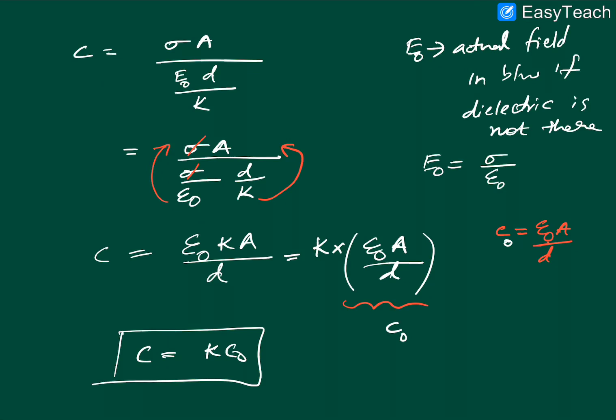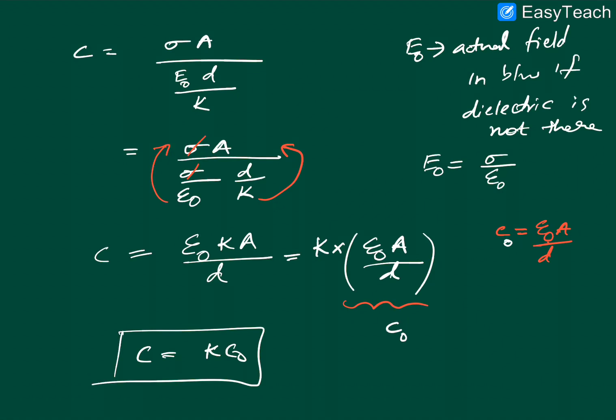So you are multiplying your C0 with K, means this C will be more than C0. That means capacitance increases when you place a dielectric in between. Okay, so this is the effect of dielectric on capacitance.